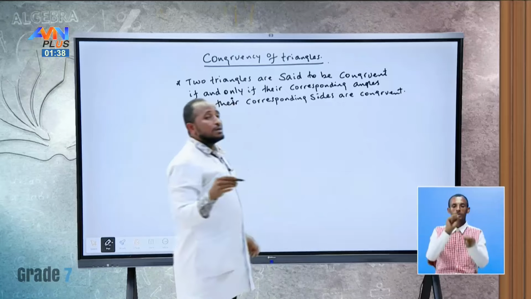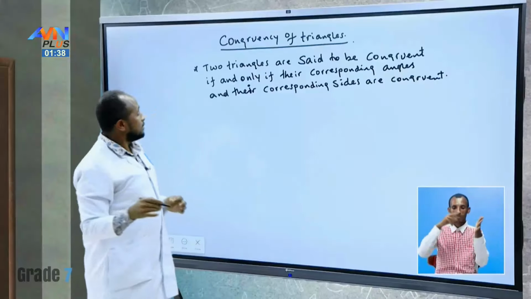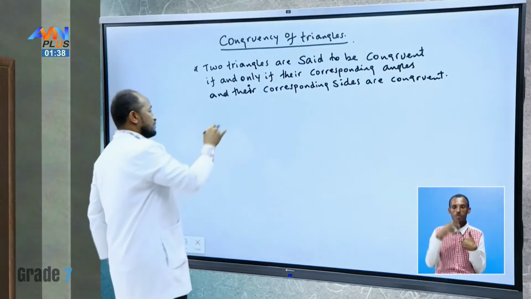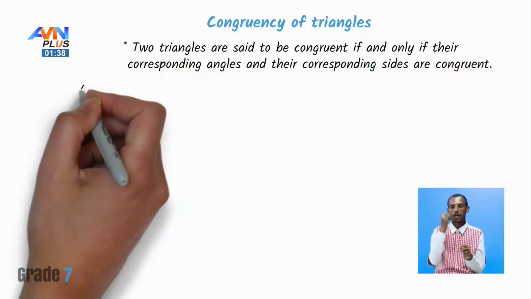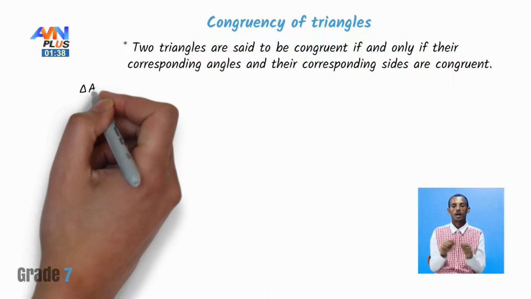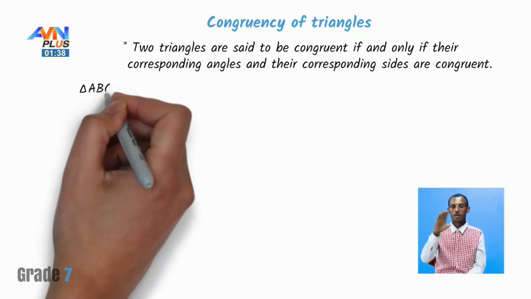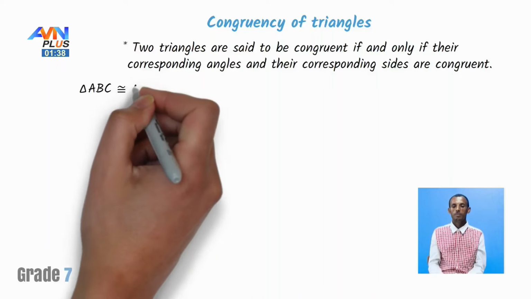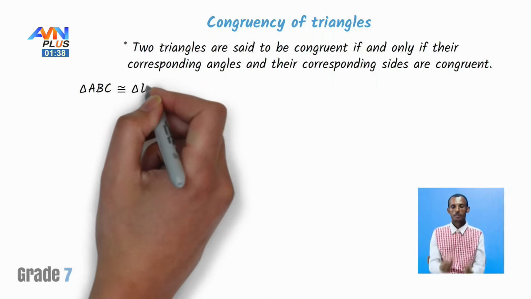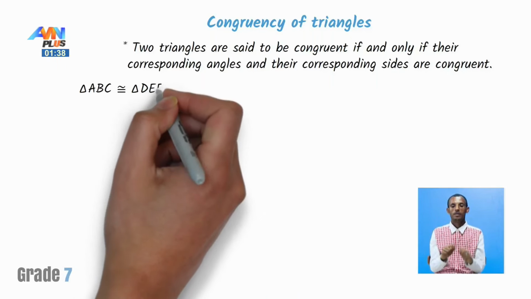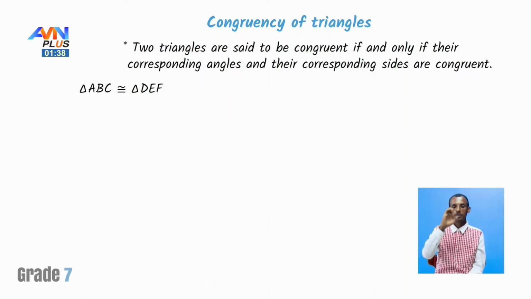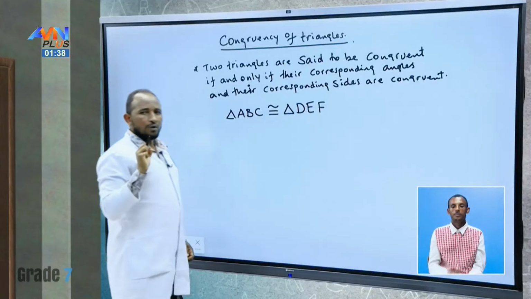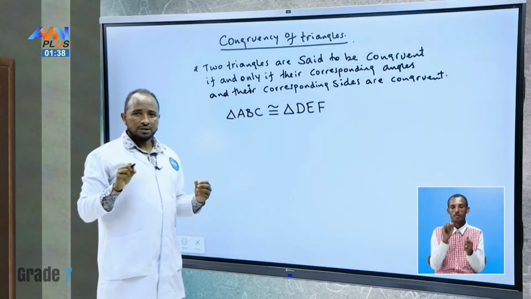So this means if you have two triangles, look, if triangle ABC is congruent to triangle DEF, if and only if their corresponding sides are congruent.